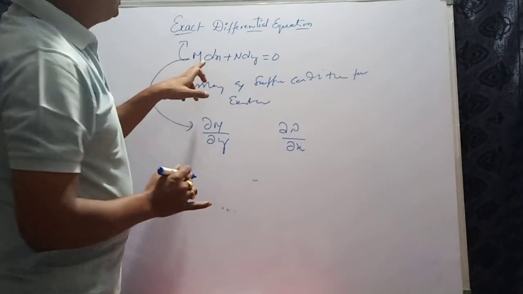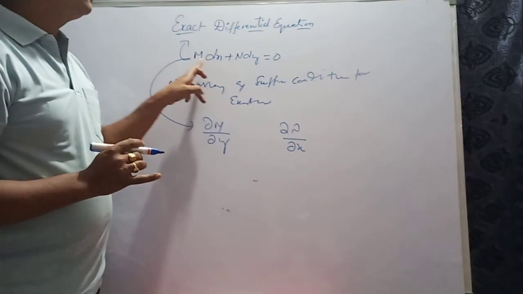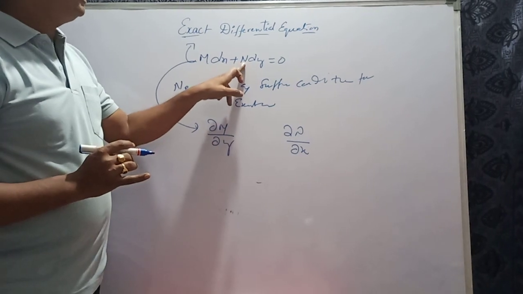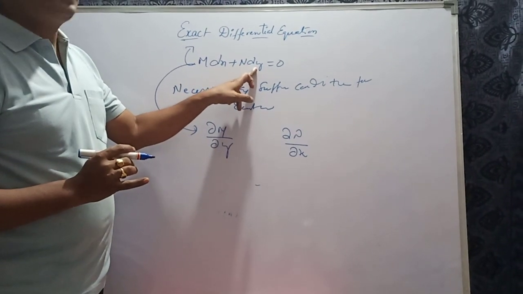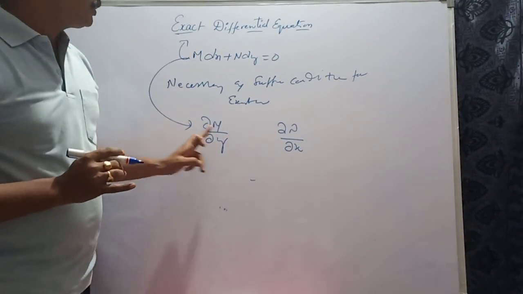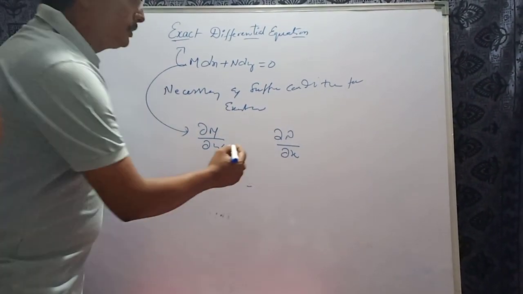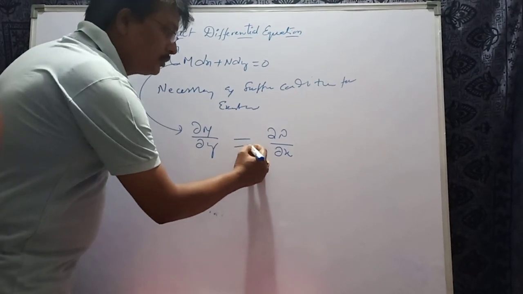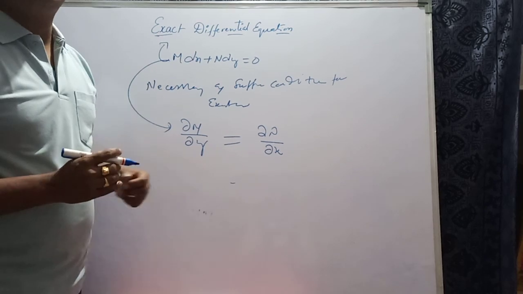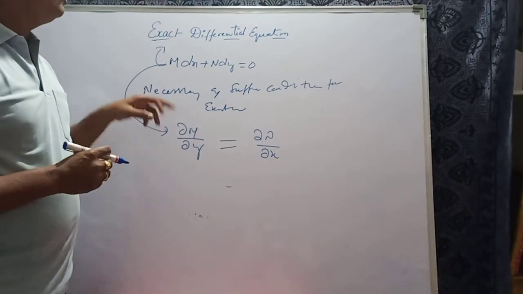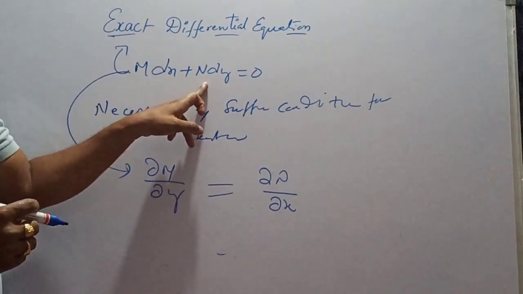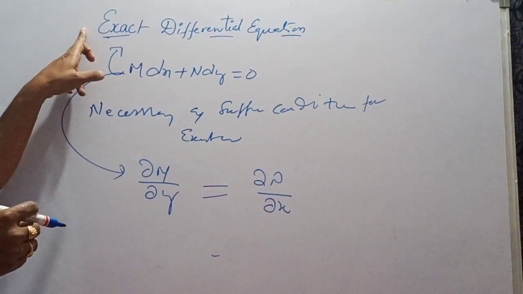Observe, M is the coefficient of dx, so take the first partial derivative with respect to y, and N is the coefficient of dy, so take the partial derivative with respect to x. After calculating dou M by dou y and dou N by dou x, if these two are equal, then we conclude the differential equation M dx plus N dy equal to 0 is an exact differential equation.